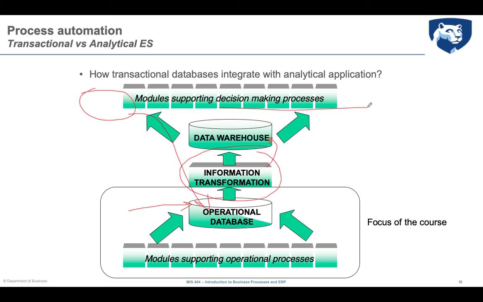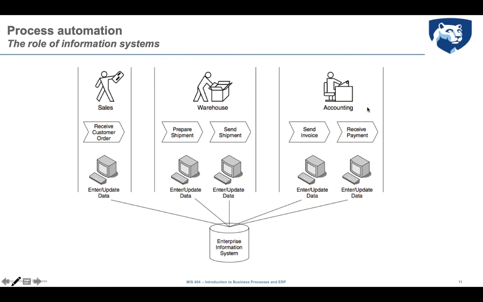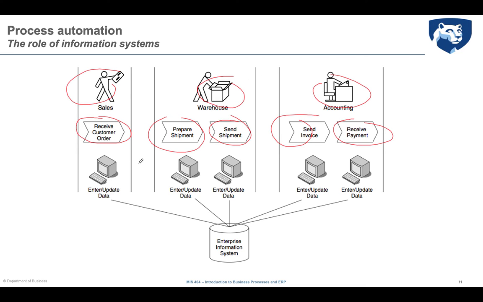So the idea from now on is to introduce the concept of enterprise resource planning and information systems supporting business processes, so processes made by the execution of activities which involve actors and a system, which are automatized.